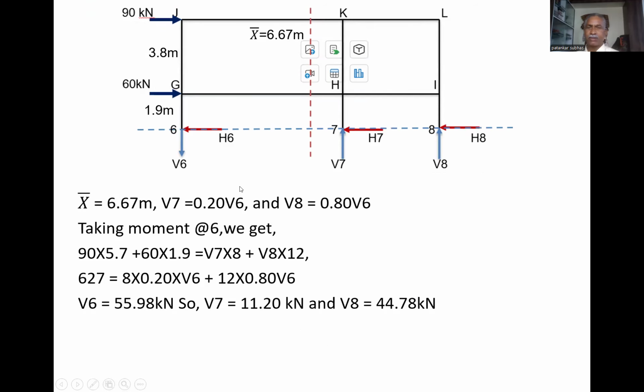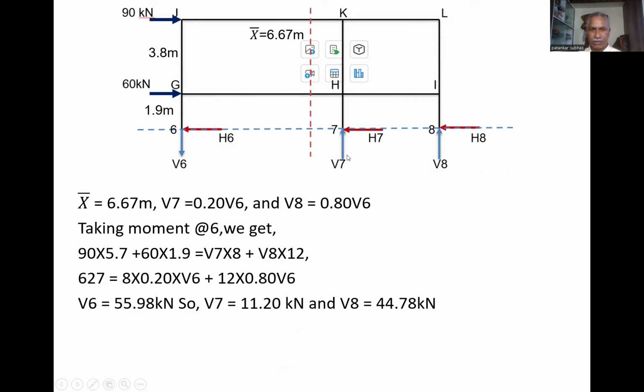Similarly, we have considered section 2, that means the intermediate story. We have considered the points of contraflexure at 6, 7, and 8. We have given the numbers to the points of contraflexure for the intermediate story. So this is 6, 7, 8. So again, X bar is the same.